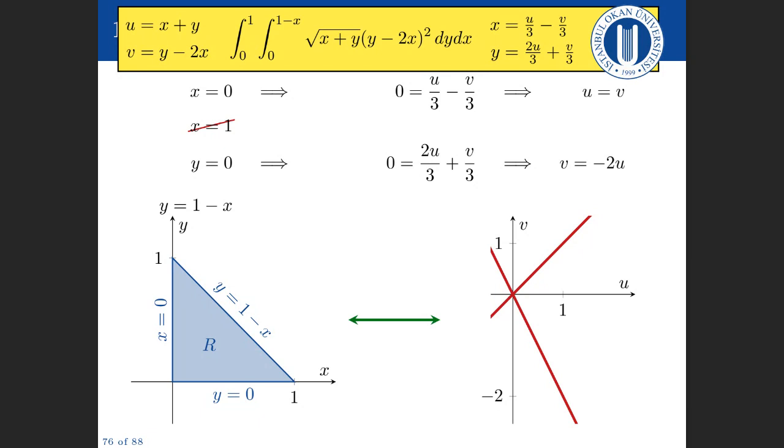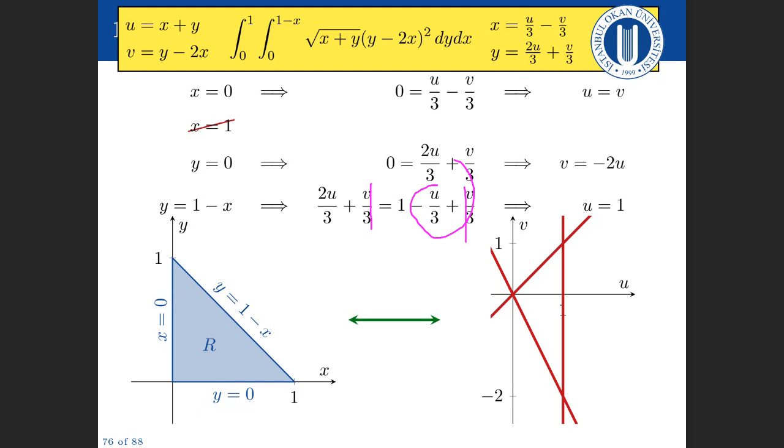And then there's one more still to do. We still need to do y is equal to 1 minus x. That's 2u over 3 plus v over 3 is equal to 1 minus u over 3 plus v over 3. Cancel this with this, move this over here. We just have u is equal to 1.